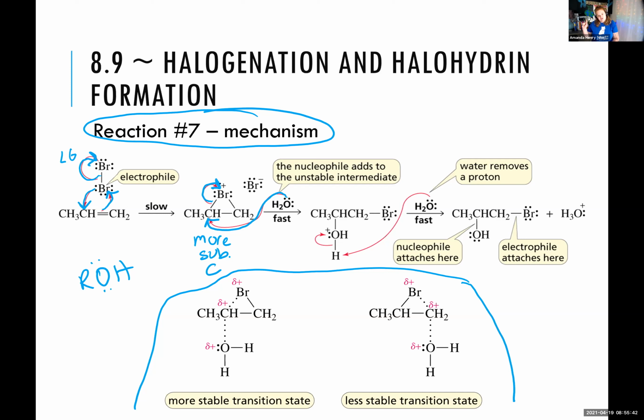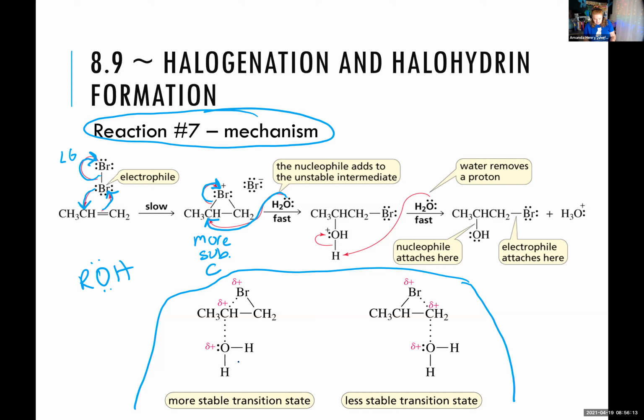The carbon that's in the middle of that becomes what we call a pseudo carbocation. So really it just means it has a partial positive charge, but a pretty strong partial positive charge. And we know that when a carbocation has more substituents, it's going to be more stable. So we want to go to the more substituted carbon so that it has a more stable transition state.